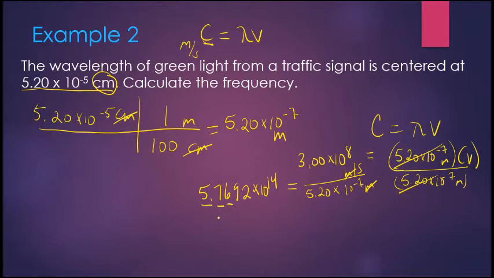Do I round the 6 up to a 7? Yes, very good. Round that up. So we get 5.77 times 10 to the 14th hertz, or you can write it as 1/seconds, like that. Either one would be the correct answer.